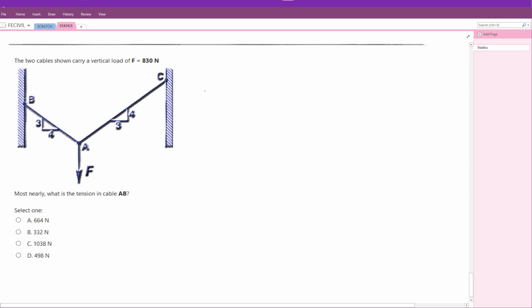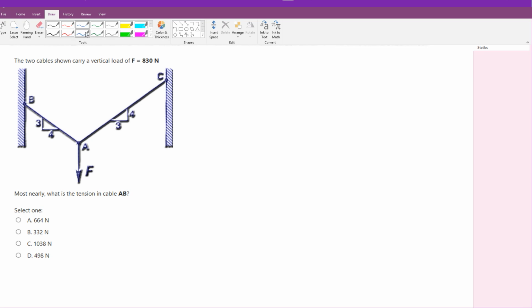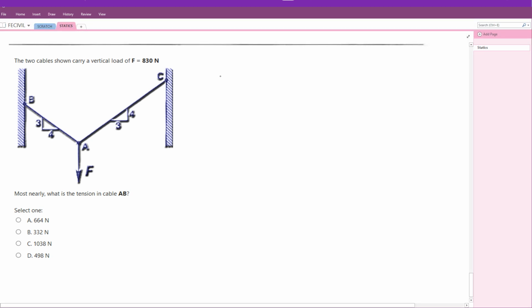First, you have to start with a free body diagram. I'll use blue for my free body diagram. We can see there is a force going down.